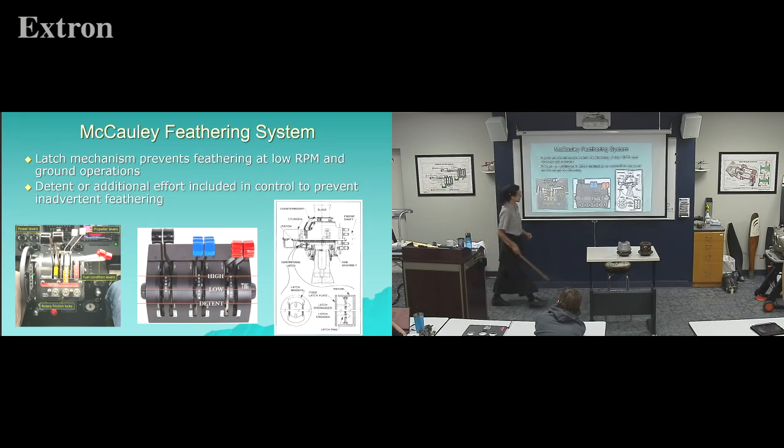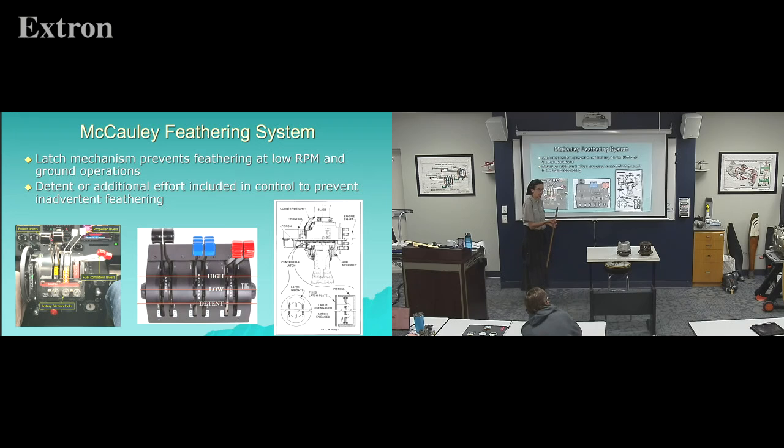And what happens is these little latches in here, normally at cruise RPM, this is moved out so the latches can't even engage. But then, when you're on the ground, now you have the blades in low pitch, so this moves in and the latches are held out by centrifugal force, so they can't engage when your prop is rotating at like 1,000 RPM or above.